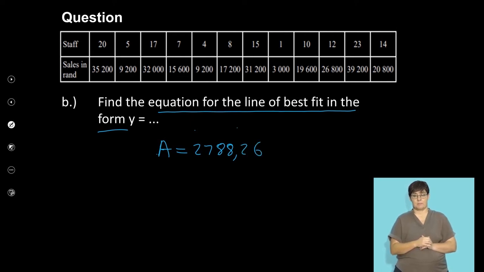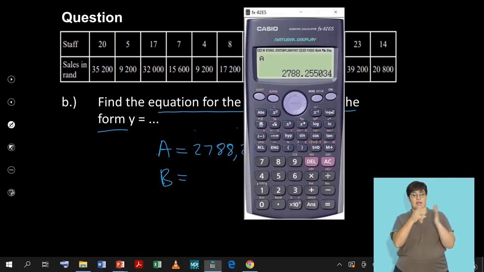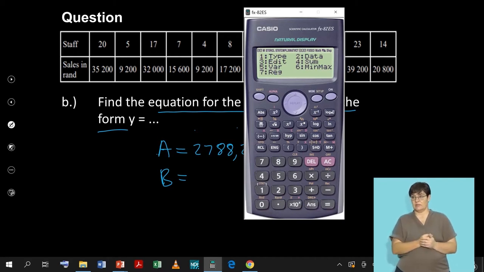And what about the B value? Still using my calculator, I can go shift 1 again, regression 7, and I want the B value, which is 2, then equal.